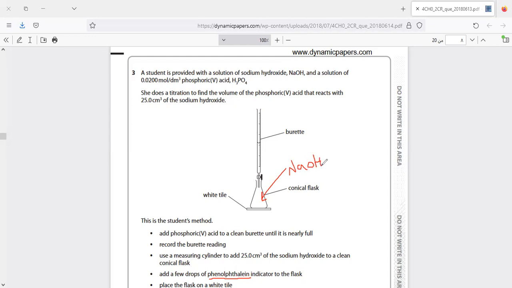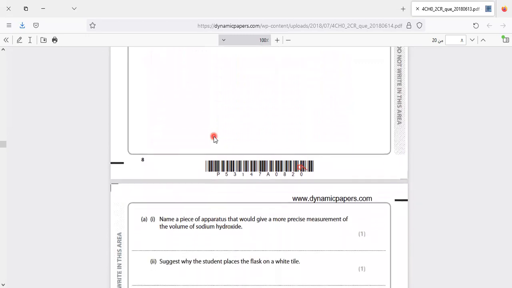Yes, because the color of phenolphthalein with hydroxides is pink, but the color of phenolphthalein with the acid is colorless. And we added here the acid. So this is a titration between the acid and sodium hydroxide. Complete your reading. So I need to know what happened here.